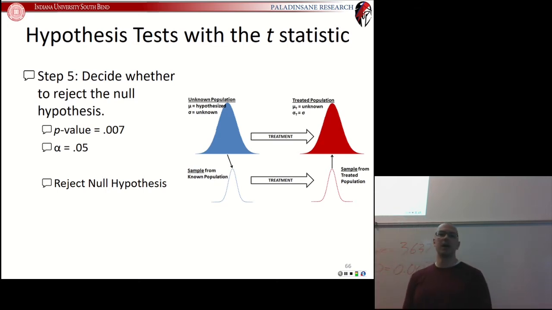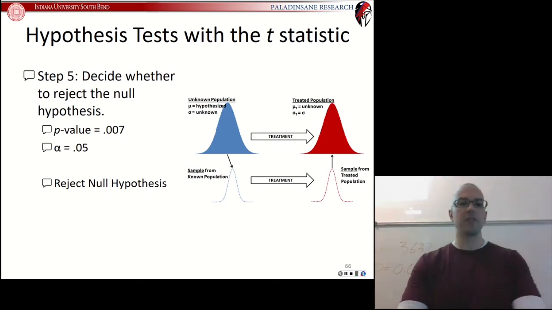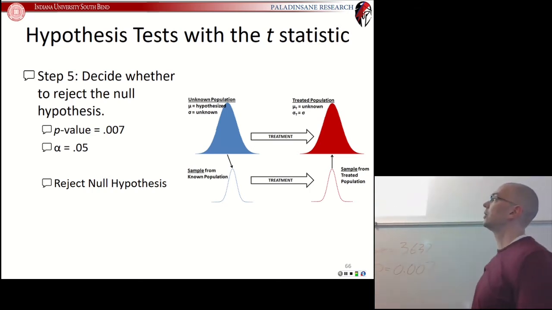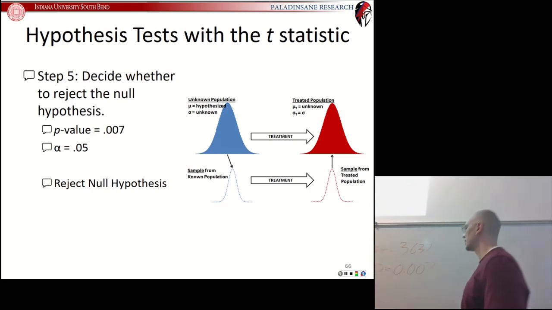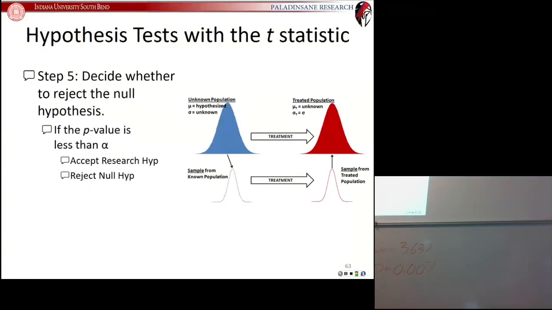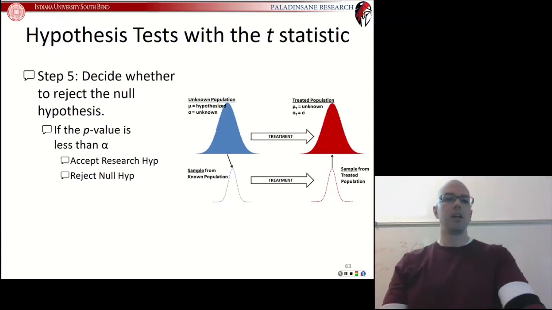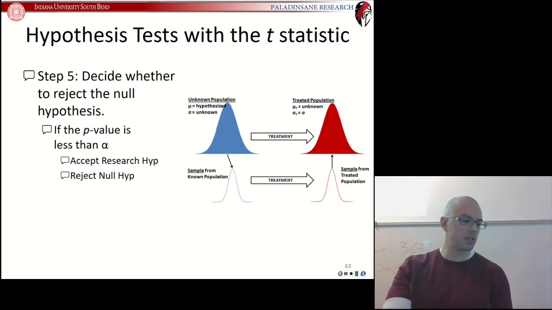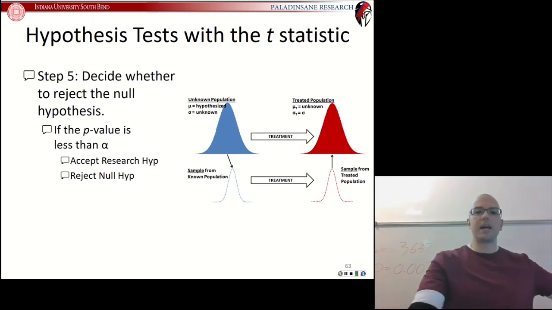Because the probability from our t-test is less than the probability of our alpha, we reject the null hypothesis. And again, until that is absolutely clear, refer to these slides here. So if the p-value is less than alpha, 0.007 is less than 0.05, we're going to accept the research hypothesis and reject the null hypothesis.